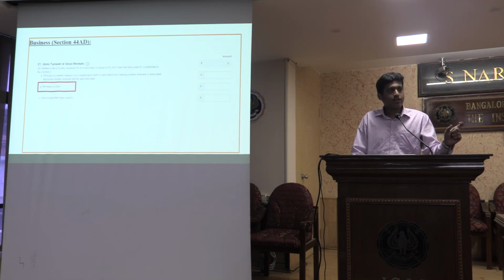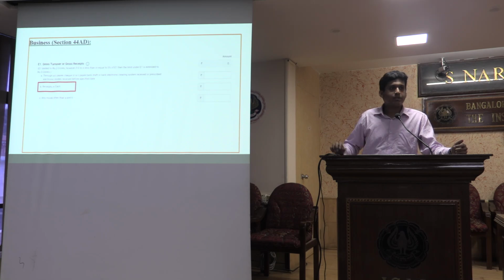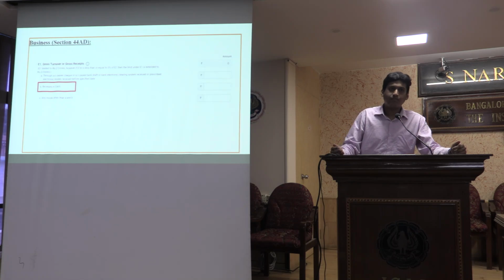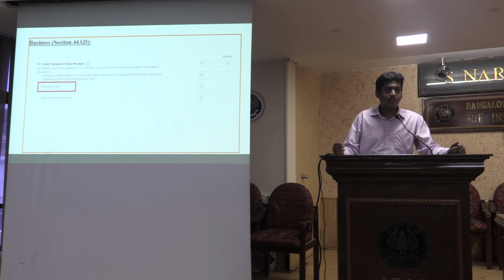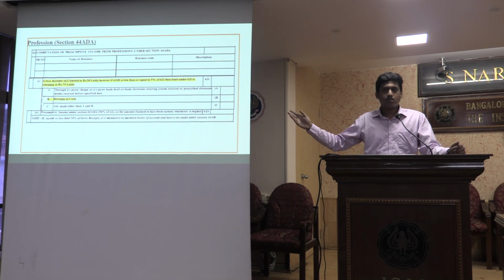But if you have a turnover of more than 2 crores and less than 3 crores, or gross receipts in case of profession of more than 50 lakhs and less than 75 lakhs, this simple math calculation will be done at CPC level, or maybe even at validation level, the rules would have been set so as to ensure eligibility under 44AD and 44ADA have been complied with. The same change has happened in both the sections, 44AD as well as 44ADA.